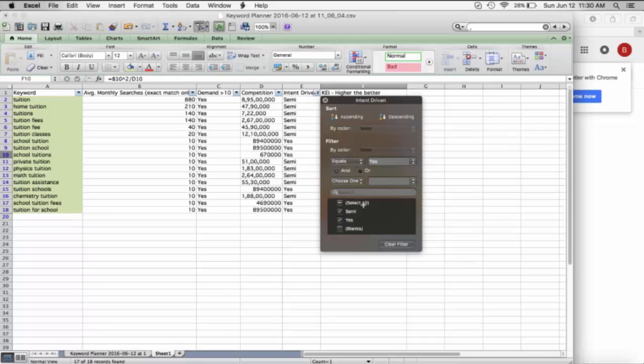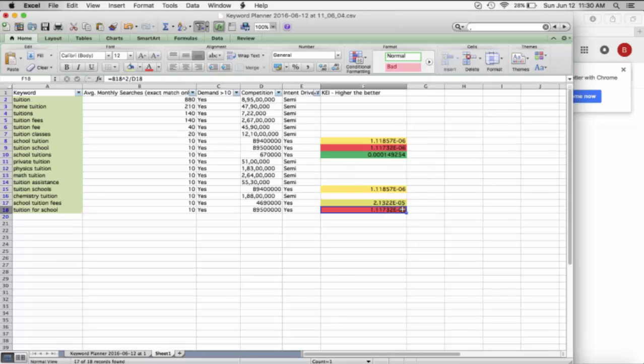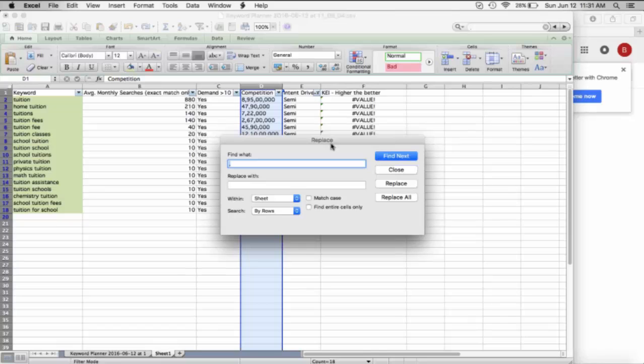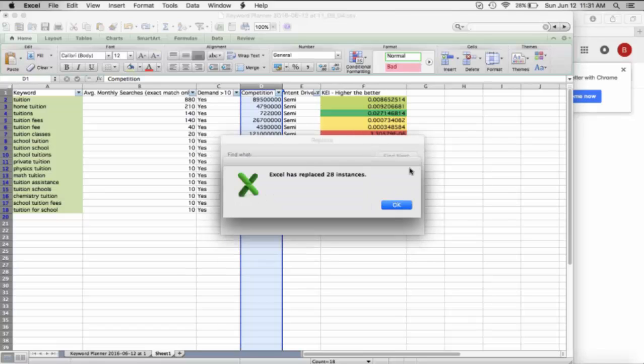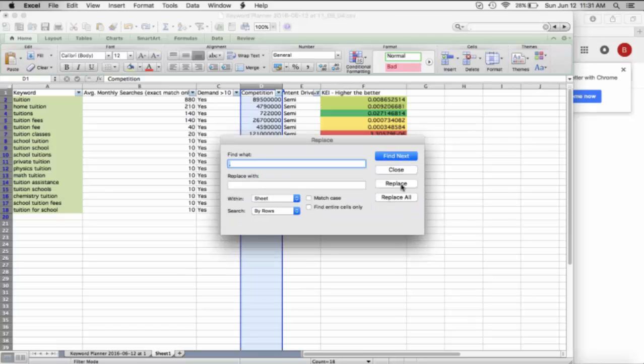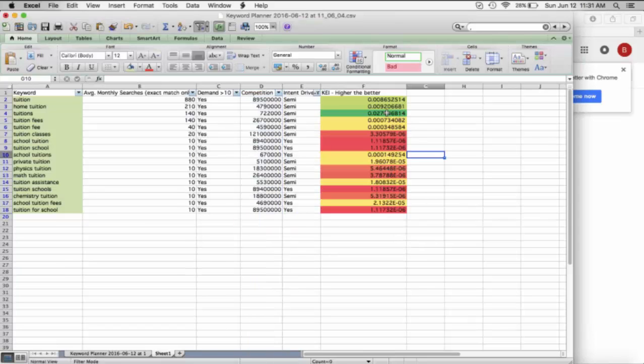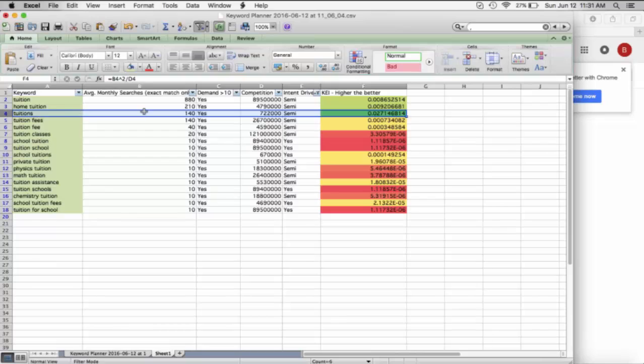So let us go to semi-intent as well and then try to replicate this formula. So I'm removing all these commas here which are causing a problem. Okay, so now the best keyword that I could bank on would be this: tuitions, which has comparatively higher demand and less competition compared to all these keywords.